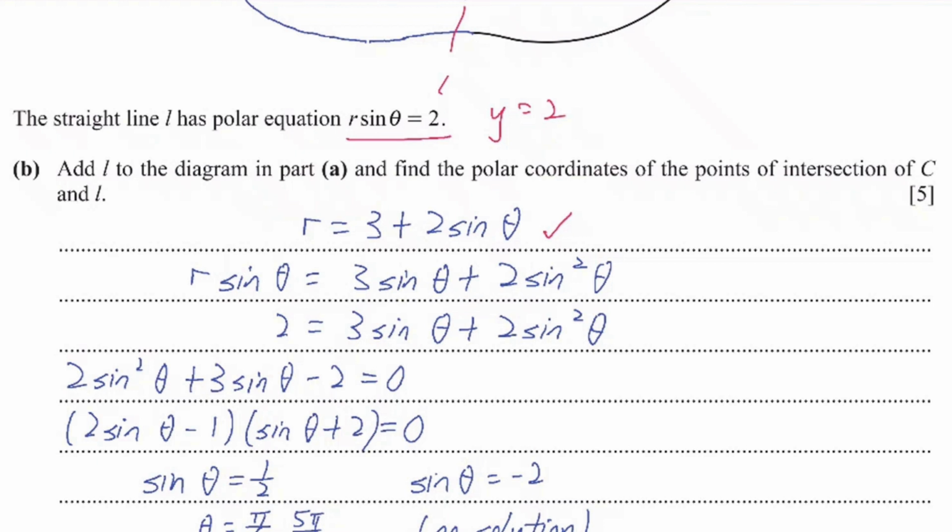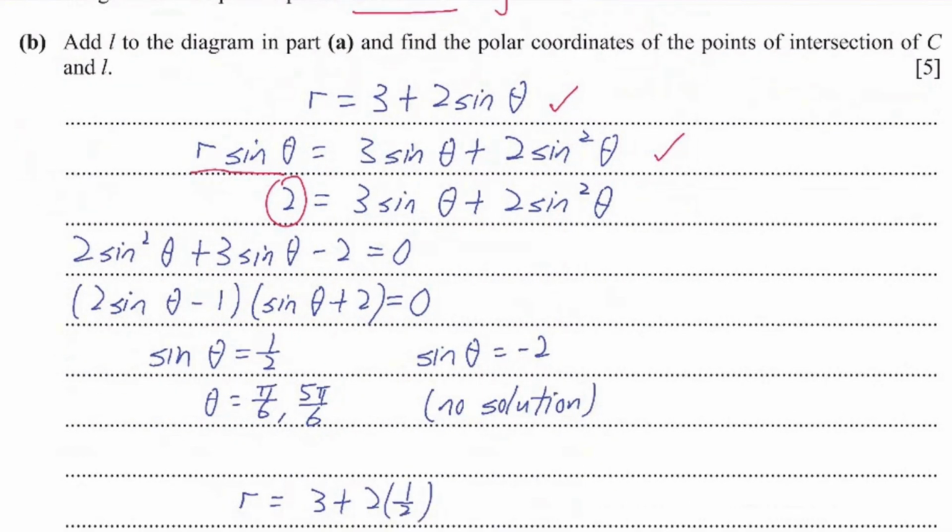We could multiply the whole equation by sine theta. On the left hand side we get r sine theta, because we want to relate it to our intersection point. After that, we just solve this quadratic equation. We should get two answers for sine theta. One is sine theta equals -2, no solution for that.